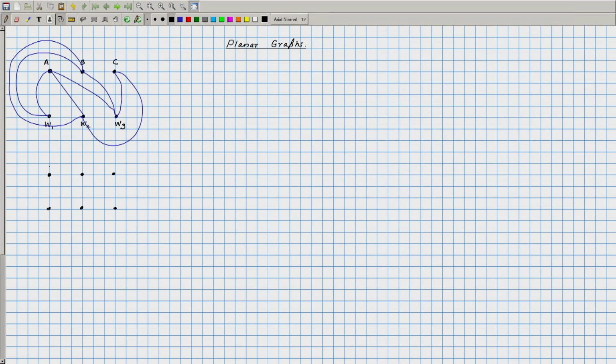We could think of this as A, B and C, W1, W2, W3, and we have the following graph with all these edges present. We are interested in knowing whether this graph can be embedded on the plane. So, we can talk about what is called a graph drawing.